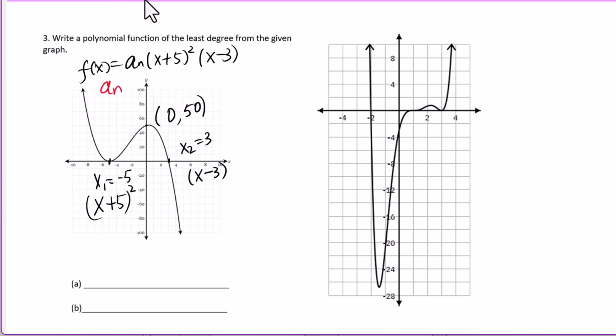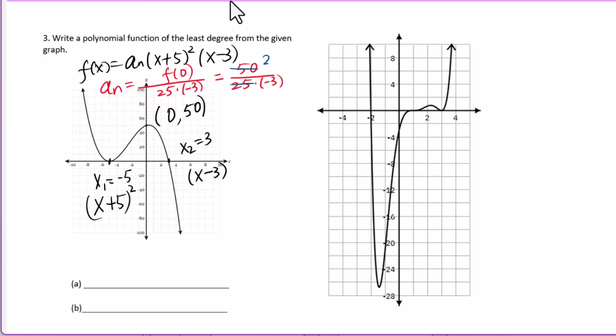A sub n equals f of 0 over ((0 plus 5) squared, which is 25, times (0 minus 3), which is negative 3), which equals 50 over 25 times negative 3.